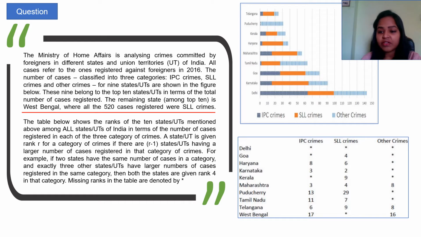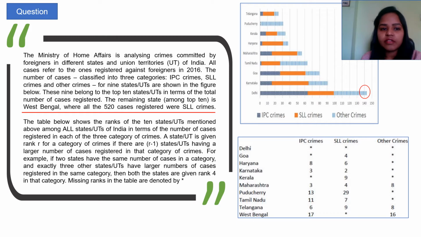One method is trying to fill the table as much as possible and start solving the questions. But we will look at the questions first, and then we will come back and see what data is required to solve those questions. We'll be looking only at that data.